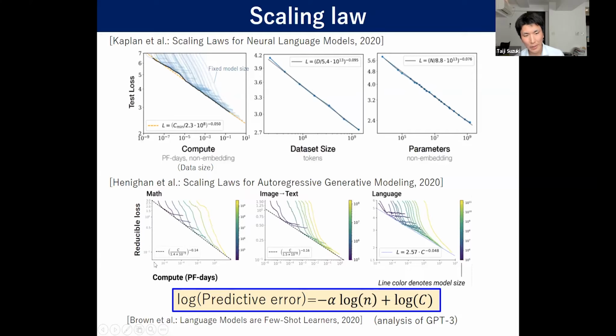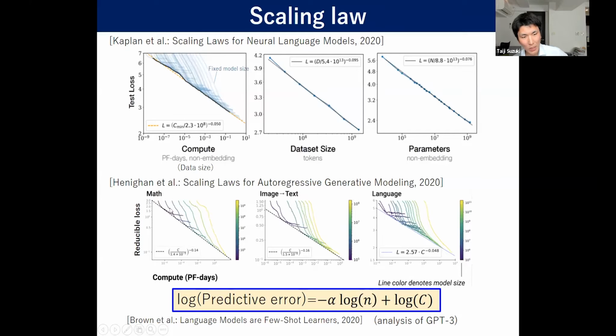We see that as the sample size goes up, the predictive error goes down. The interesting point is that the log of the predictive error goes down linearly. You see a good fit of a linear function like this. So the log of the predictive error is an affine function with respect to log n.